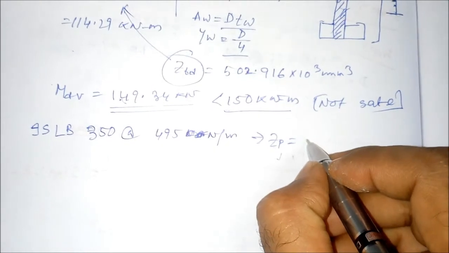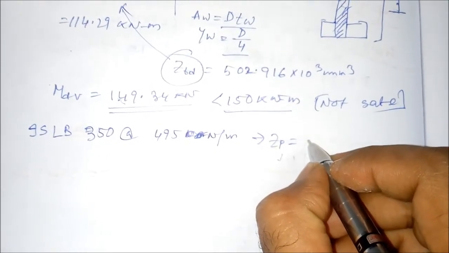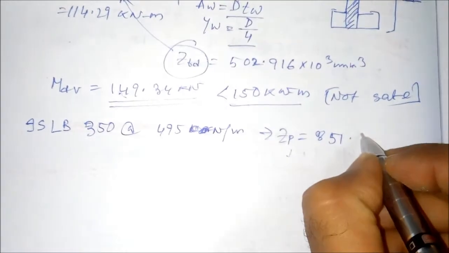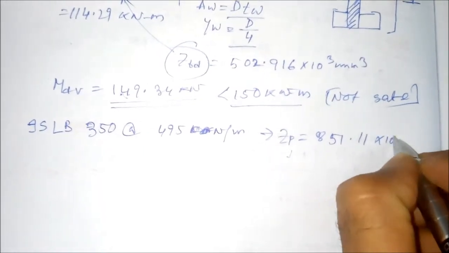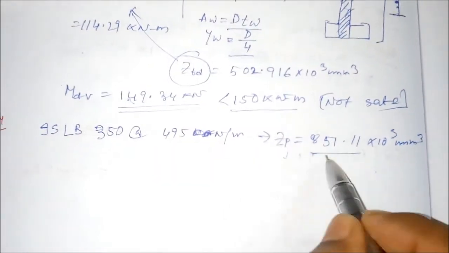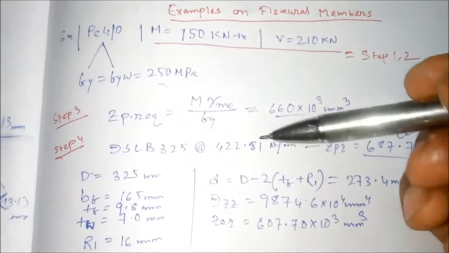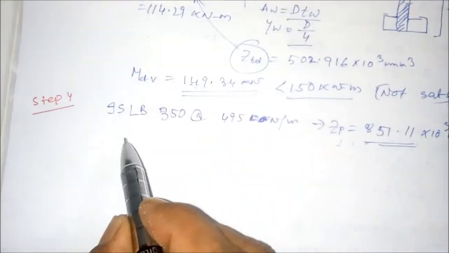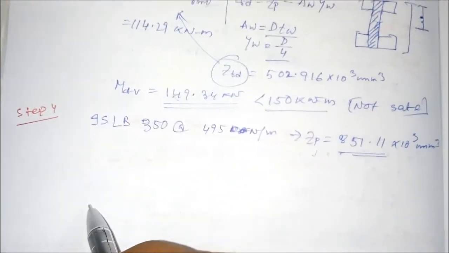The Zp value for this is equal to 851.11 into 10^3 millimeter cube. Obviously this value is greater than our Zp required, so just now find out all the specifications.